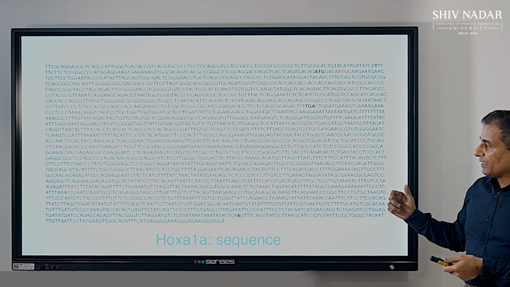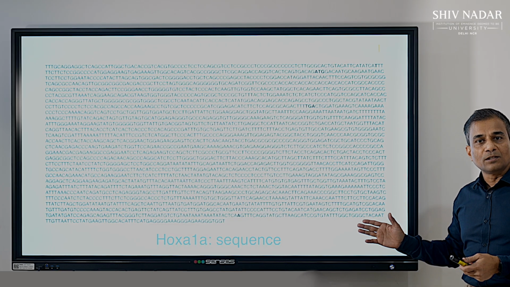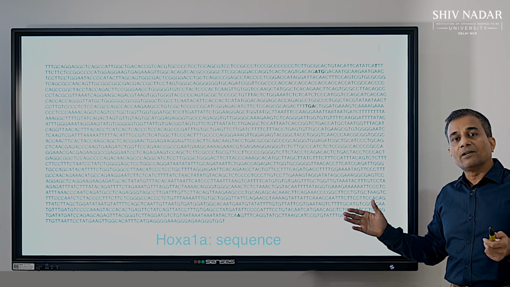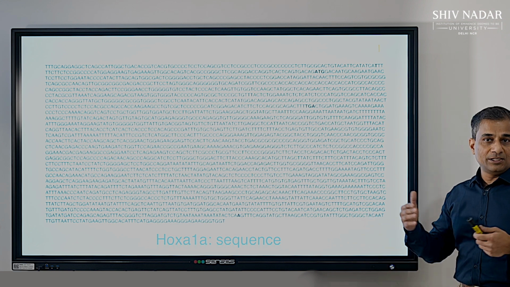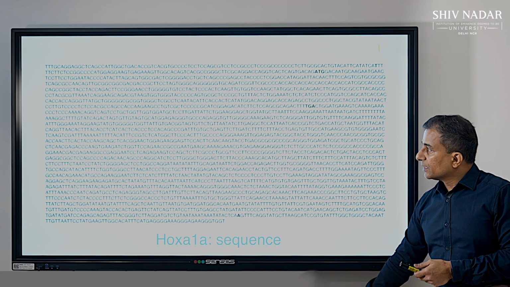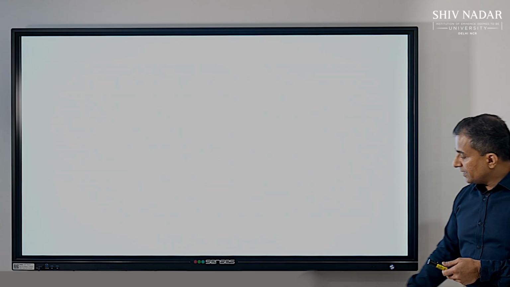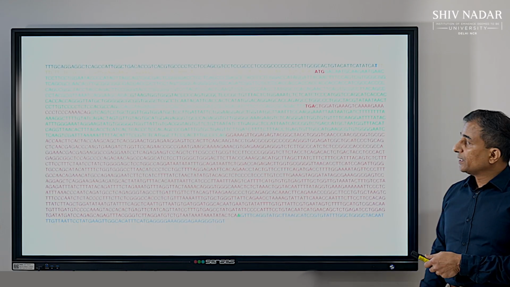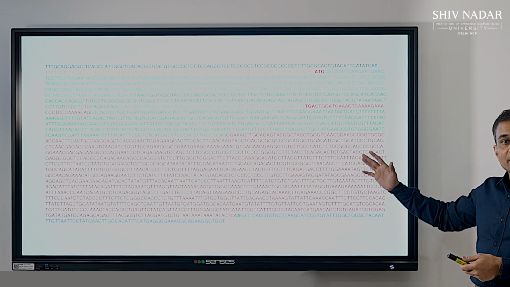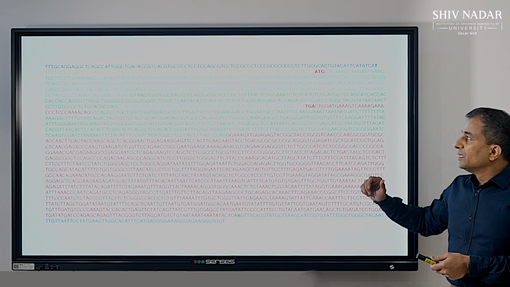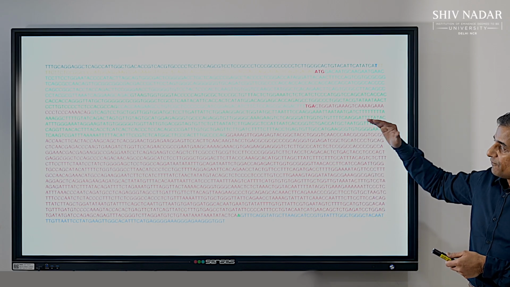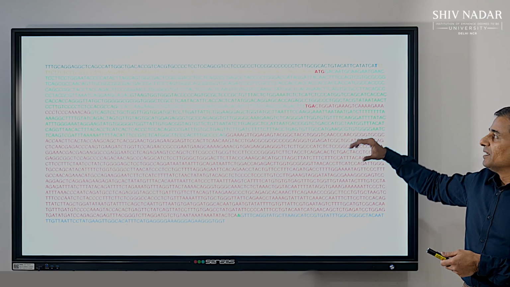In the next slide, of course, this summarizes the knowledge we have accumulated over the past several decades using molecular biology, genetics, and multiple other tools to understand the function of genes. What you see here is the same gene now decorated in different colors. This is actually the genetic code. What you see here in different colors are different elements in the genomic sequence, in the code of alphabets.